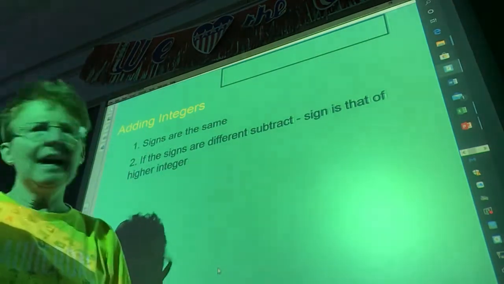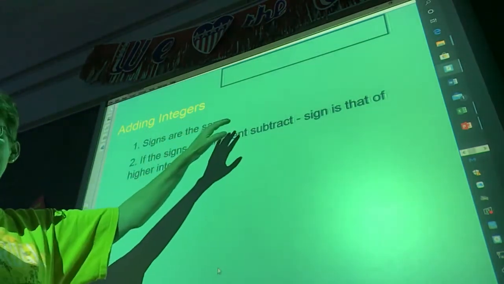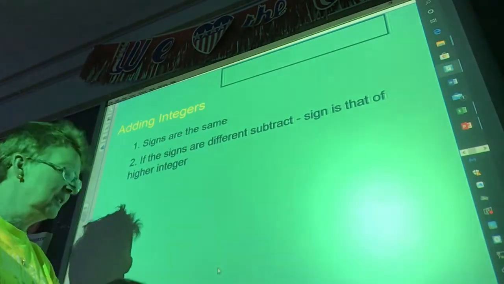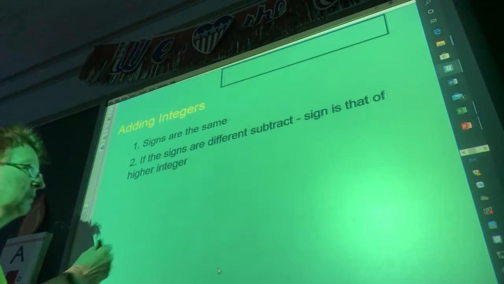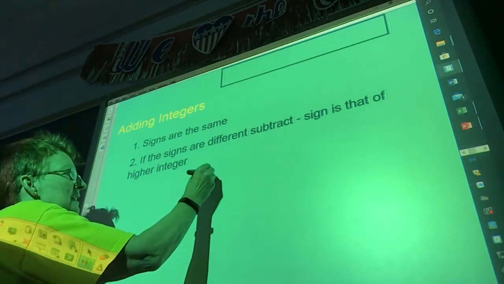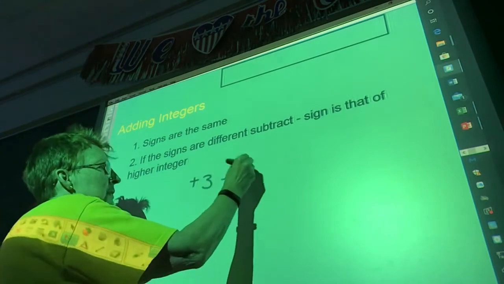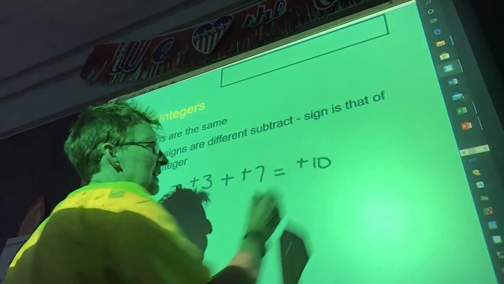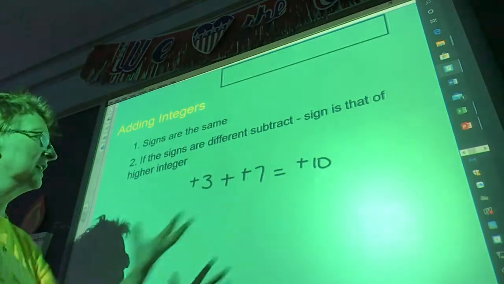First of all, adding integers. If the signs are the same, you just add the 2 numbers, and the sign is whatever the 2 numbers' sign is. So what we've done all our lives is positive 3 plus a positive 7 equals a positive 10. The same is true if the signs are negative.